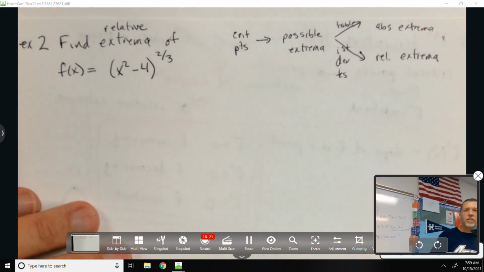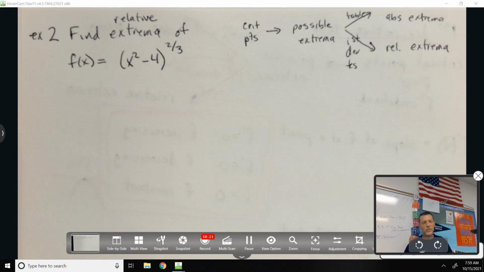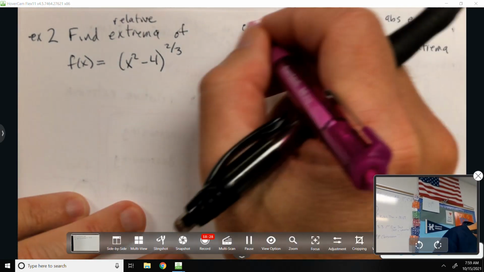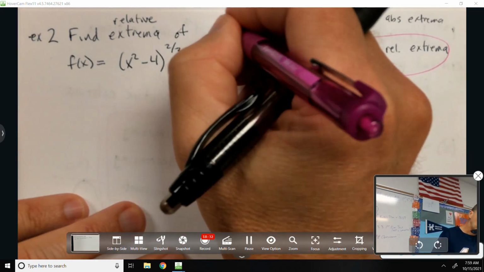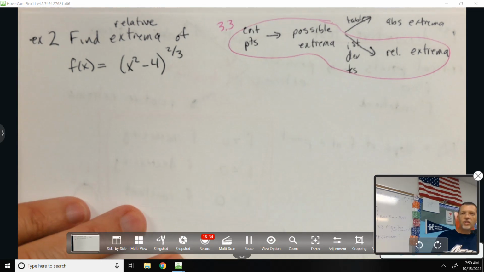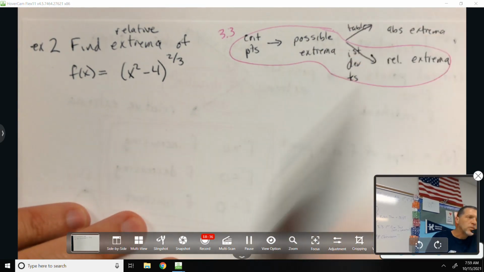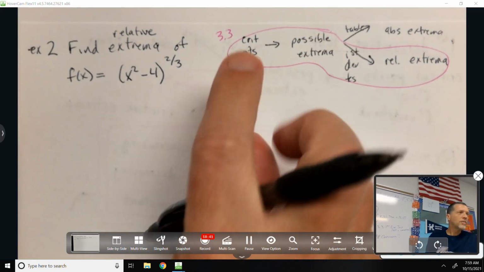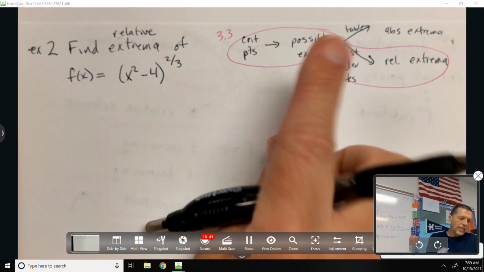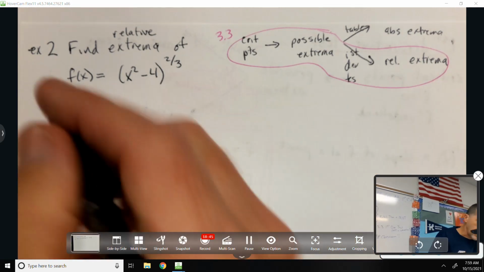So that's the big picture roadmap of the first couple sections of this chapter. Today we're taking the section 3.3 route. Section 3.1 was with the table for absolute extrema. So they start out the same way. Find the critical points, and that leads us to some possible extrema.